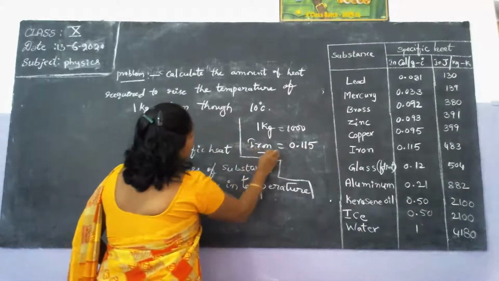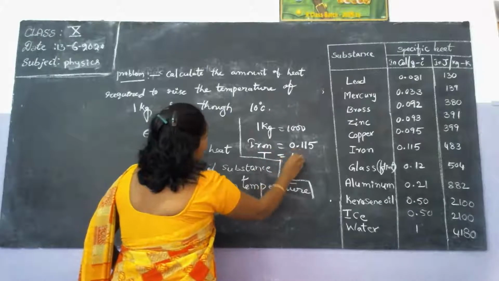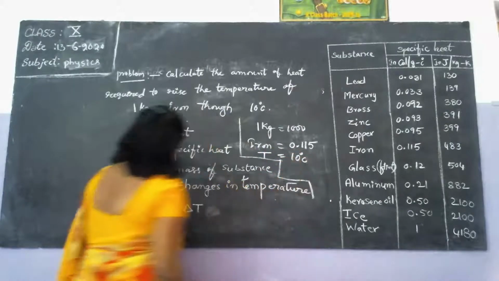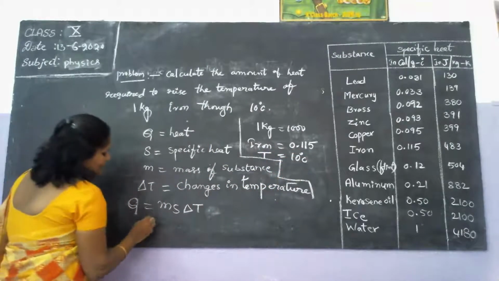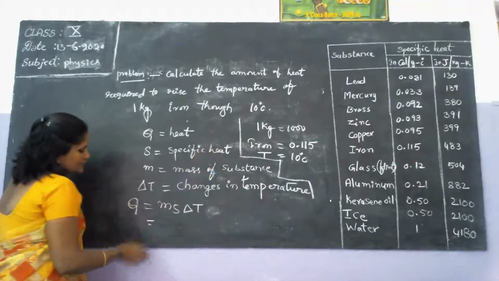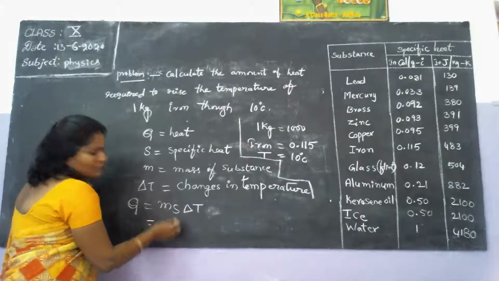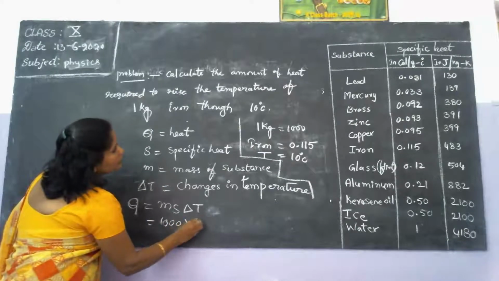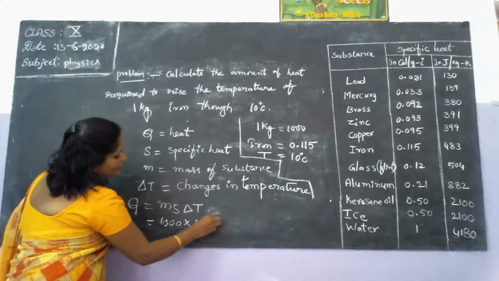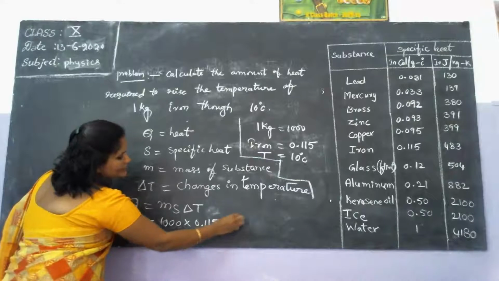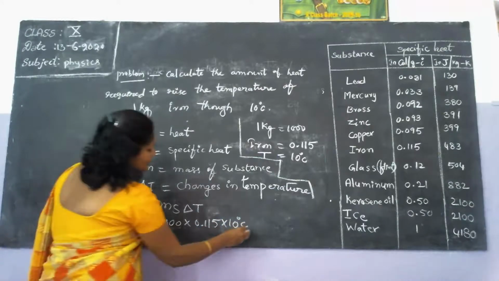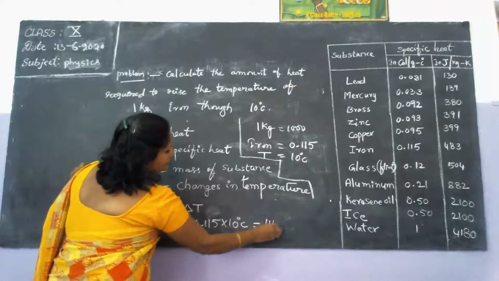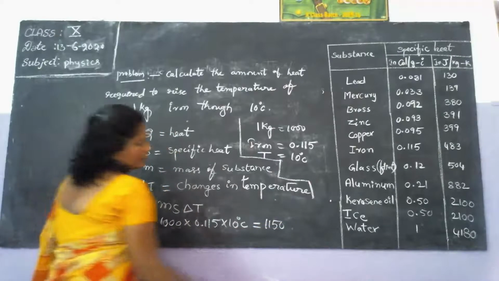Temperature is 10 degrees Celsius. So I put the values in this formula: 1000 into 0.115 into 10 degrees Celsius, that equals 1150 calories.